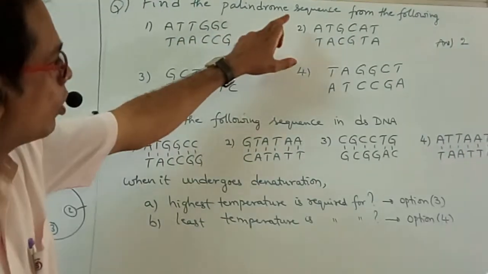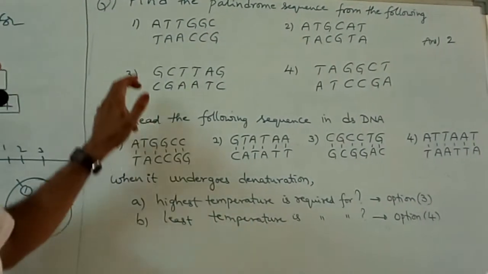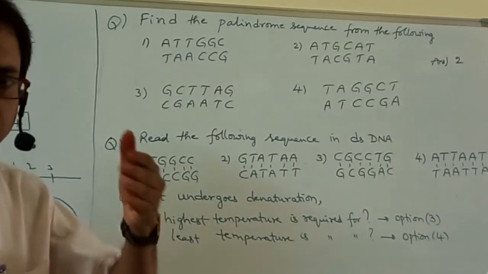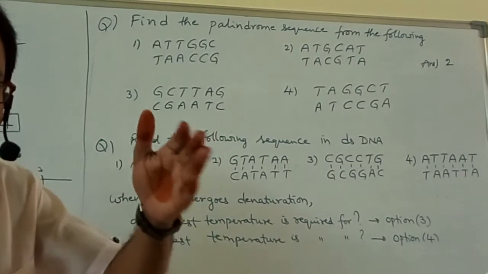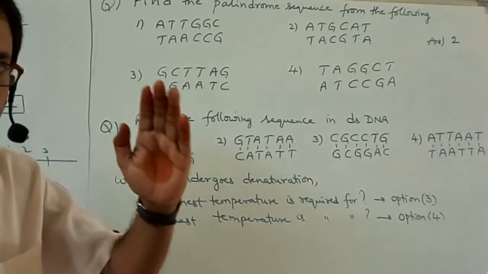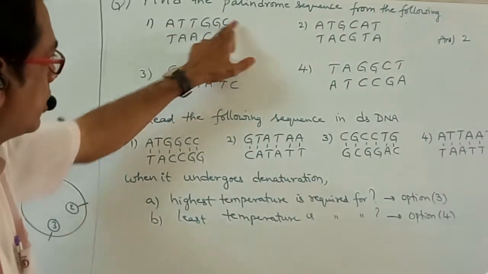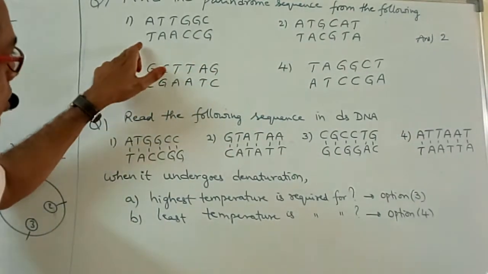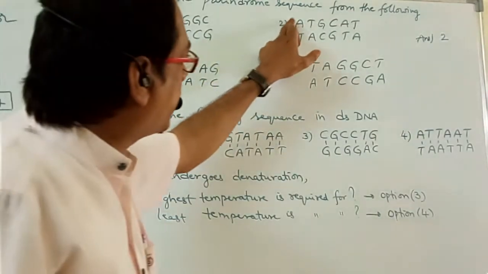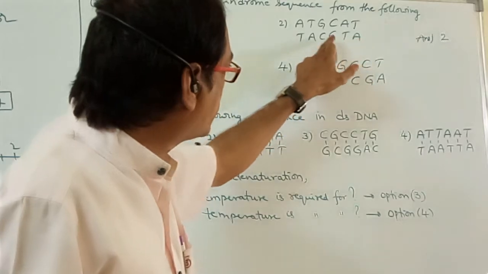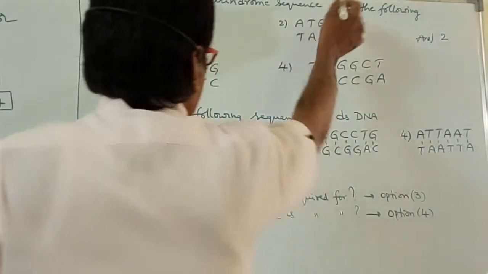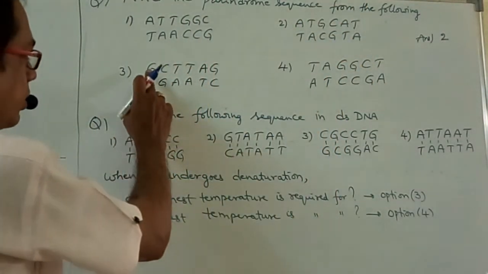Find the palindrome sequence from the following. Palindrome sequence means both forward and backward directions are the same reading frame. See, ATT, GGC. This is not the same. ATG, CAT, ATG, CAT. So this is a palindrome sequence.